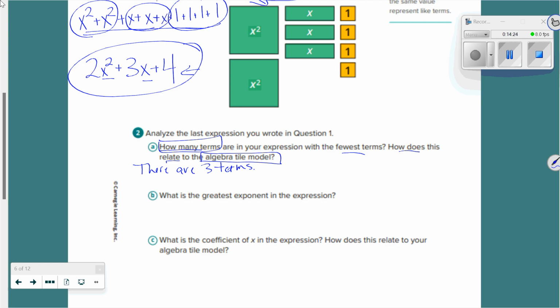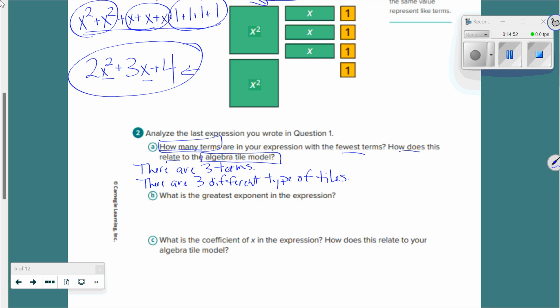Good. So there are 3 different types of tiles. So that's that relationship. So all we're saying is each of those different groups is a different term after I combine them.